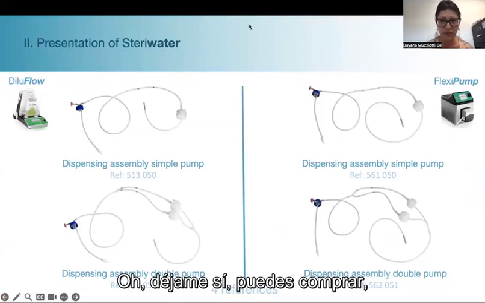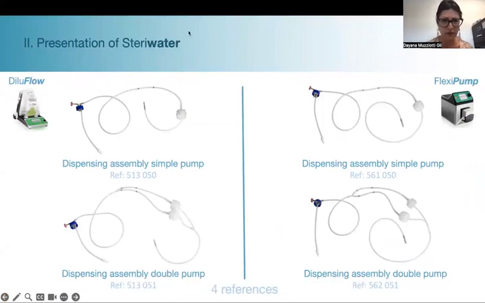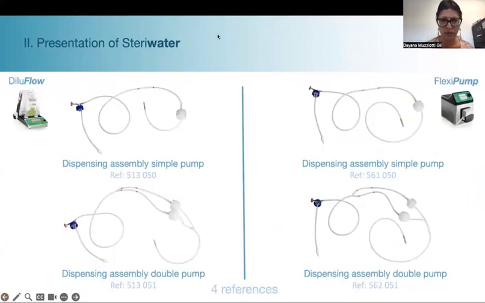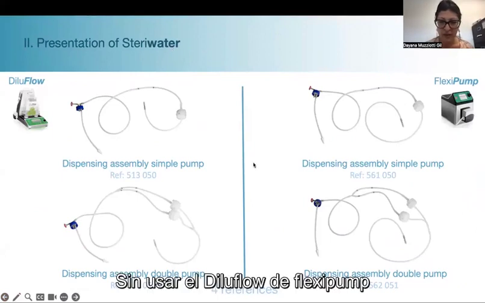This one you can buy without using the dilute flow or FlexiPump.